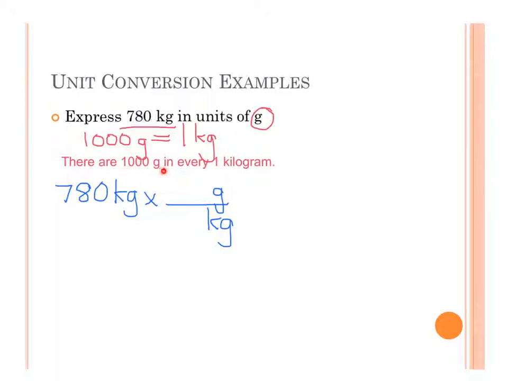So the number 1,000 goes with the label gram, and the number 1 goes with the label kilogram. If I've done this right, my kilogram units cancel out. My gram units are what I'm left with, which is what I want to see.